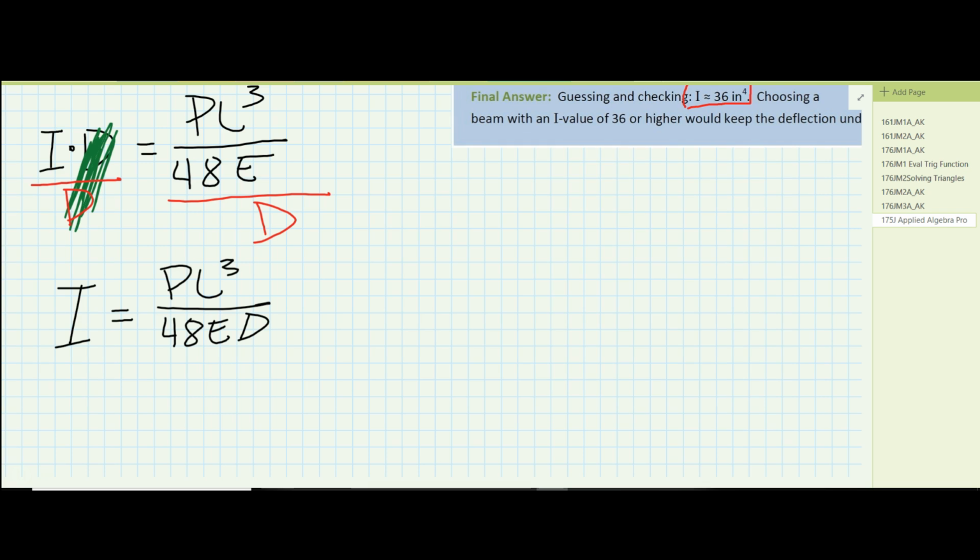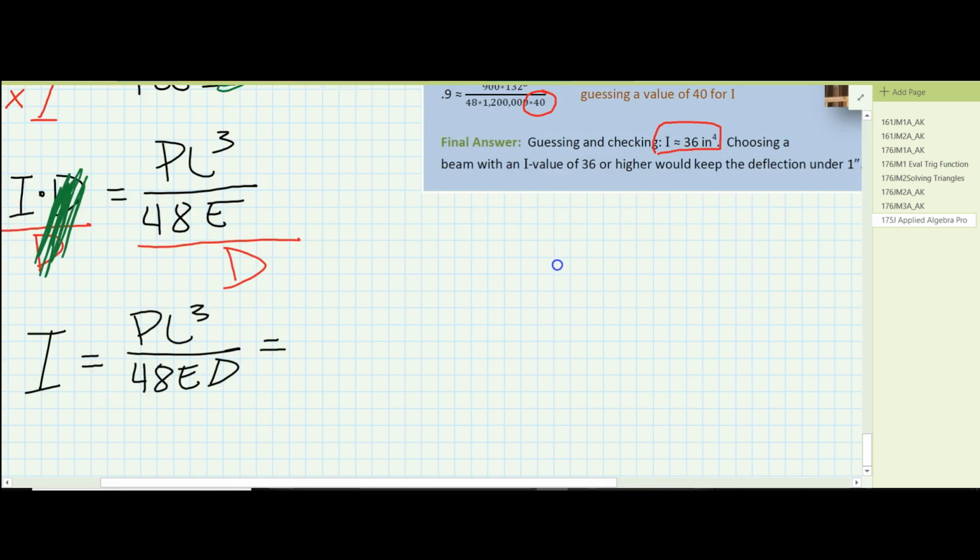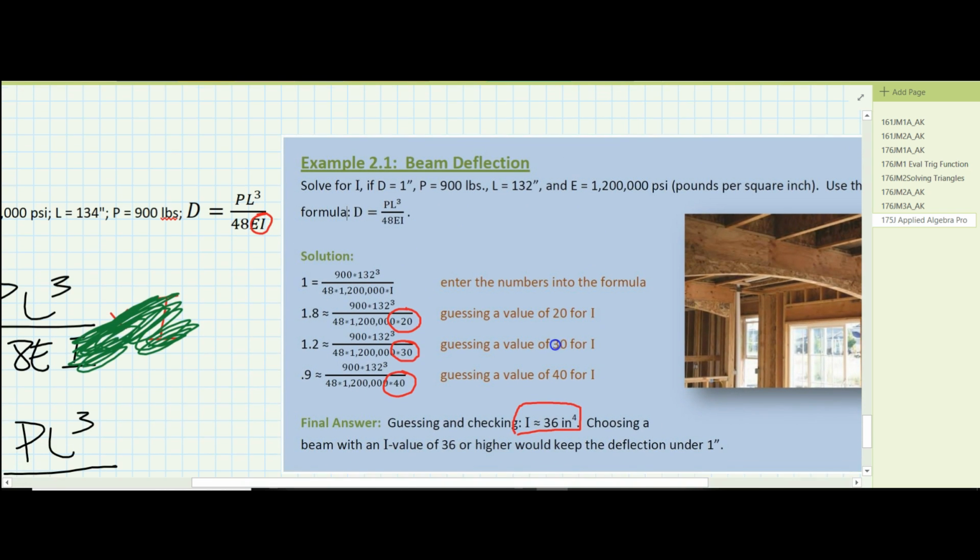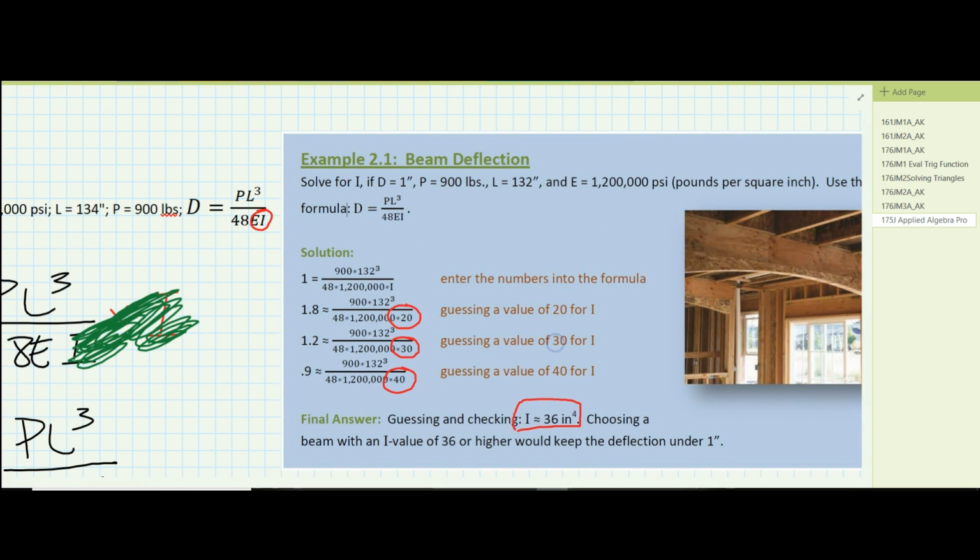Now we can plug in the numbers to find out what the moment of inertia would be for the values we were given. And the values we were given, let's see, we had P equals 900 right here. We had L equals 132, E equals 1,200,000 psi, and then of course D, the deflection, equals 1.